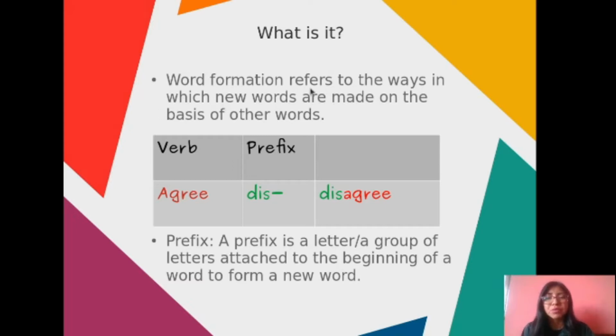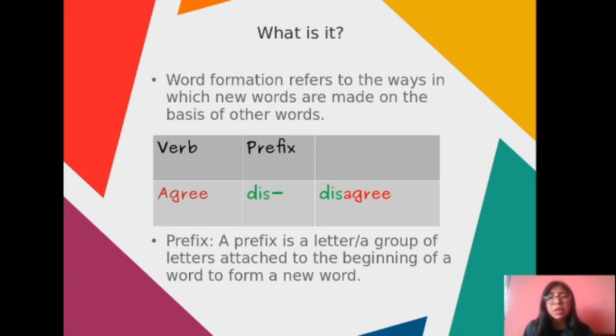What is word formation? Word formation refers to the ways in which new words are made on the basis of other words. Okay? So it means we are going to use word formation in order to create new words, okay? We can use prefixes or suffixes in order to create new words.